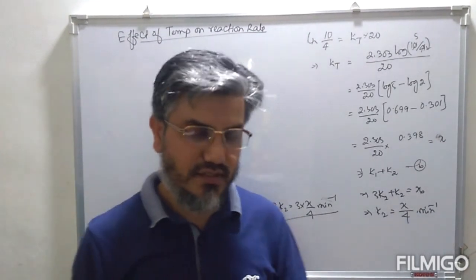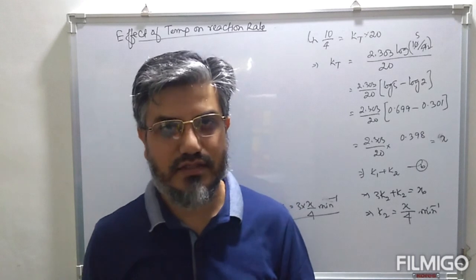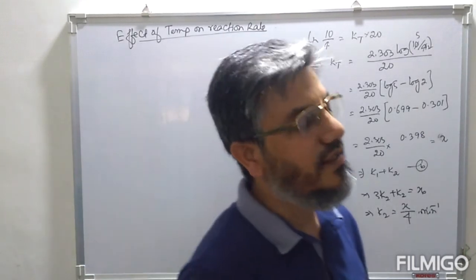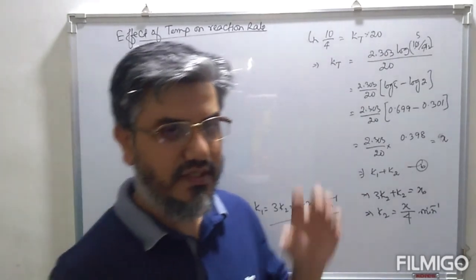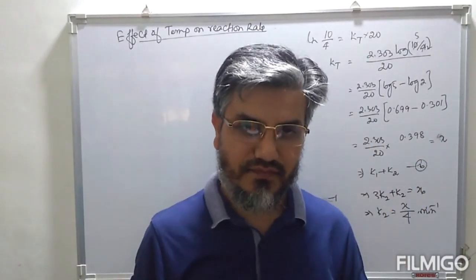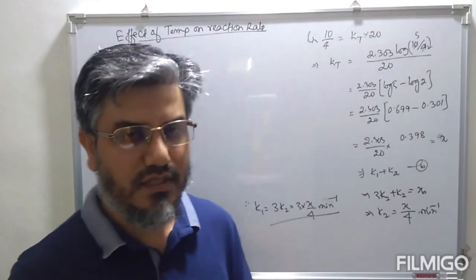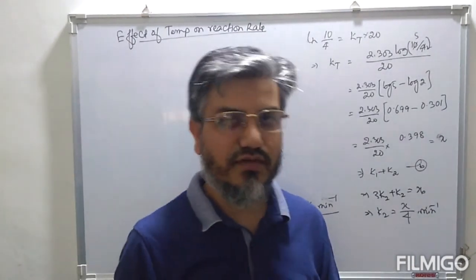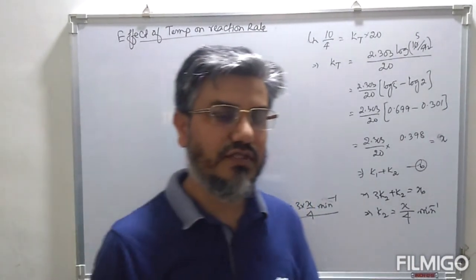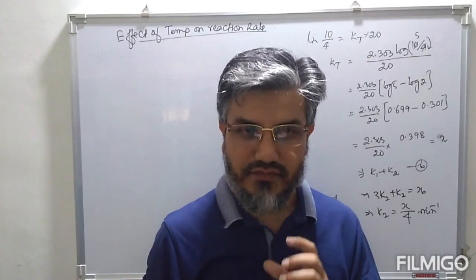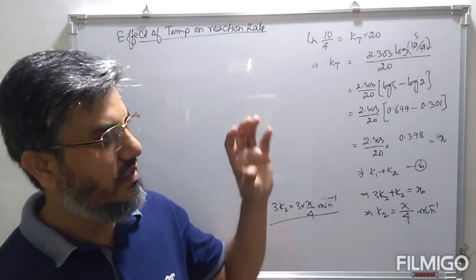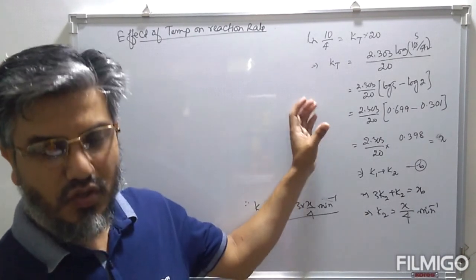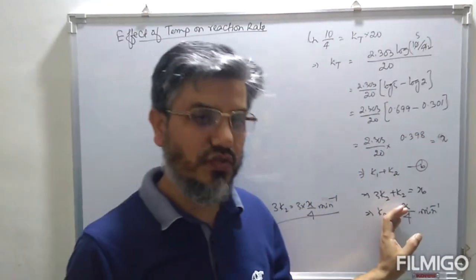And if the temperature is decreased, then the rate constant as well as the rate of reaction decreases. In a rough estimate, for every 10-degree increase in temperature, that means from 10 degree to 20 degree, or 35 to 45, or 55 to 65, the rate of reaction normally doubles or triples.